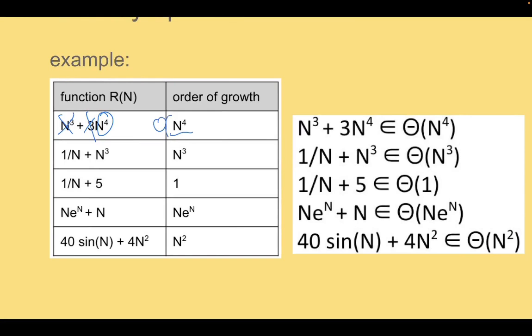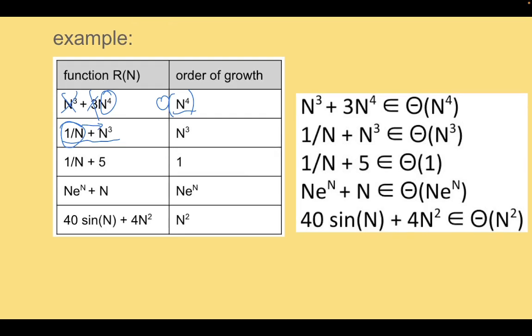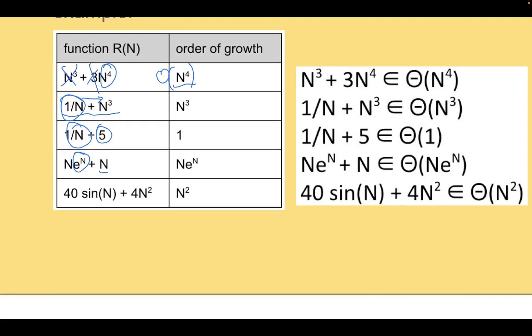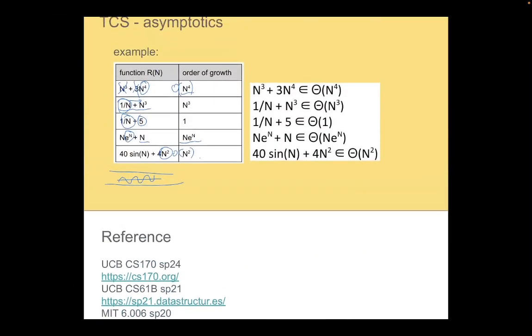We get O(n^4), right? Similarly, this is very small compared to the polynomials, and here this is really smaller than the constant, and here the exponential dominates the linear, right? And sine is something like this, so it's actually almost the same as a constant, right? So the n squared dominates all the stuff. We got n squared here. Okay, so that's the lecture.